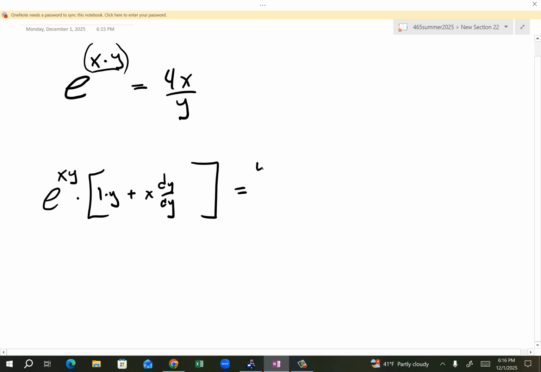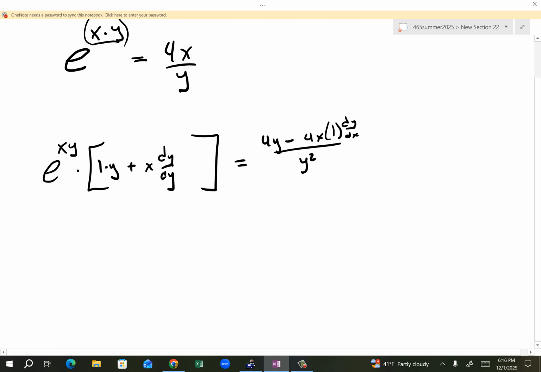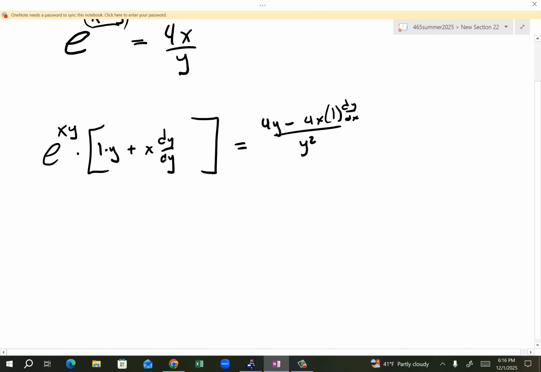So 4 times, or I'm sorry, not 4. Yeah, 4 times y minus 4x times 1 over y squared. Oh, well, 1 dy/dx. I almost forgot about that. What's the derivative of y? The derivative of y is dy/dx.